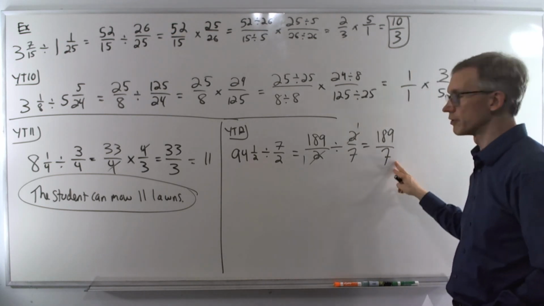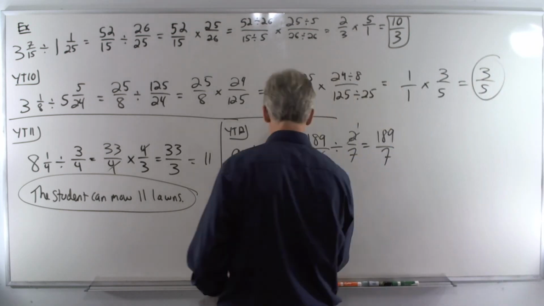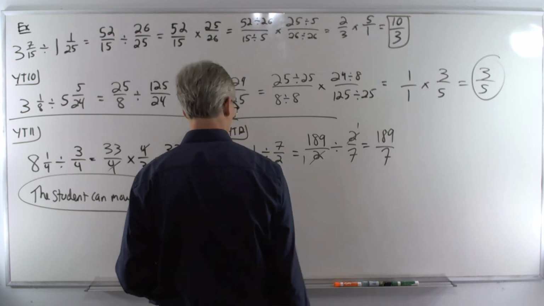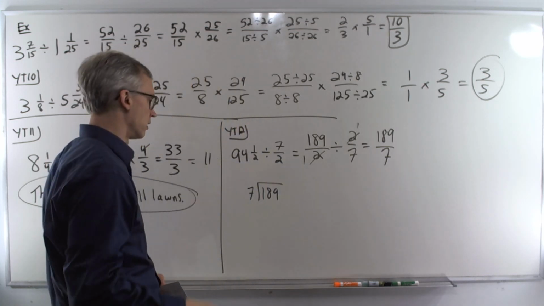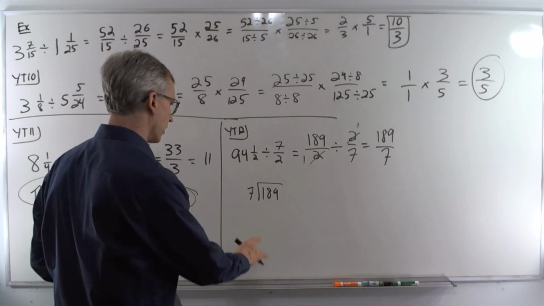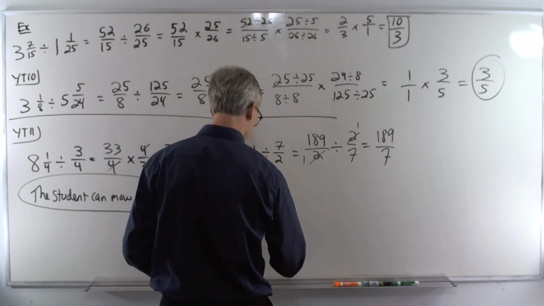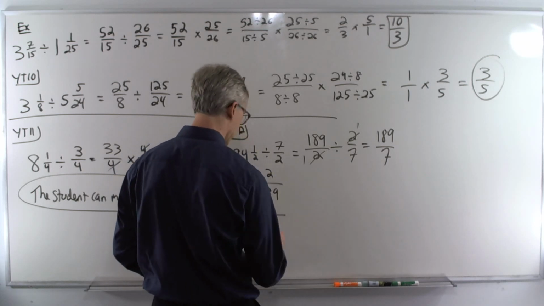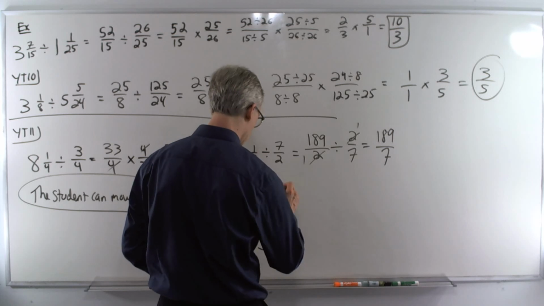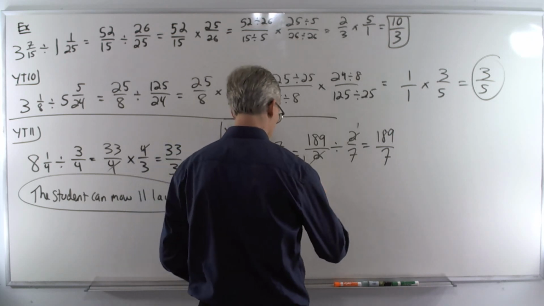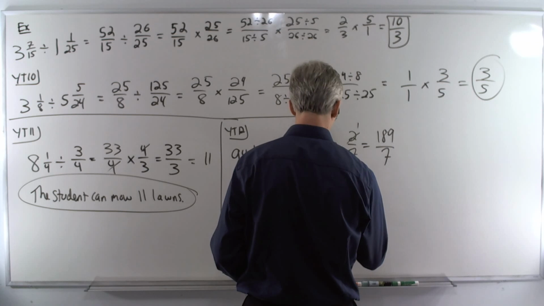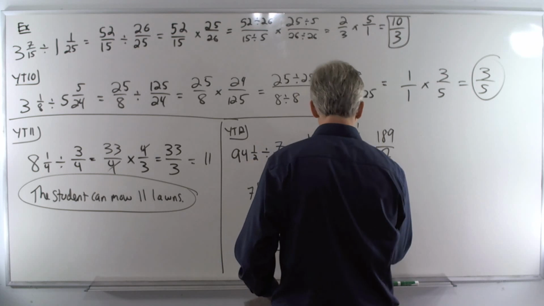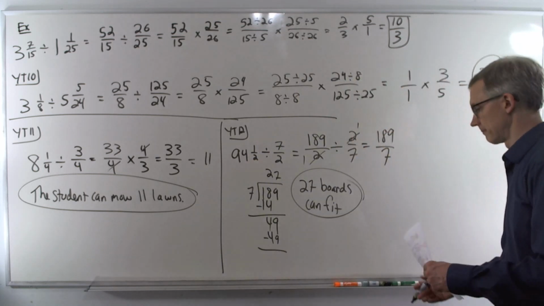But that's not a very meaningful number, so let's convert to either a whole number or a mixed number. Alright, 7 goes into 18 2 times, 14, subtract to get 4, bring down the 9, 7 goes into 49, 7 times. So that means 27 boards can fit.